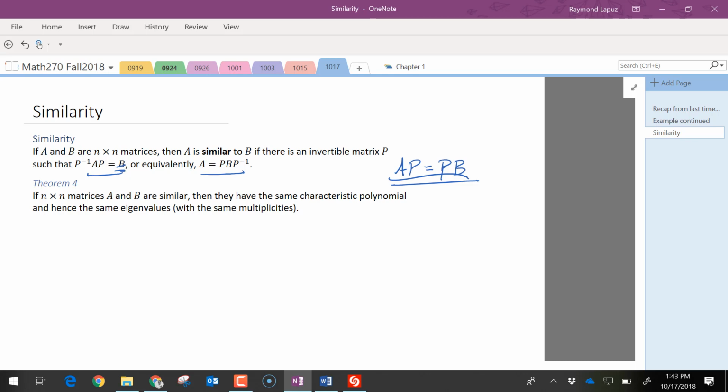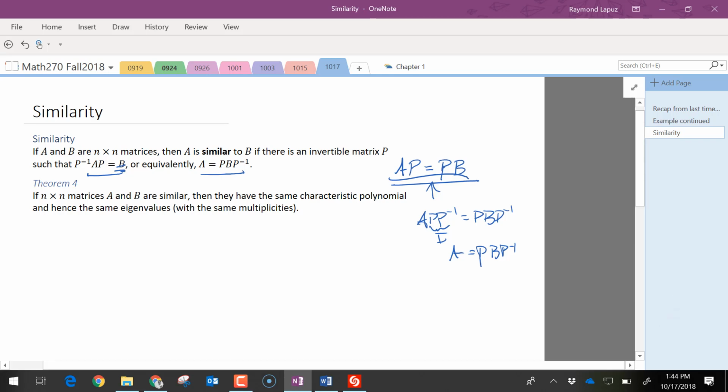And so if I take this equation over here and say I'm going to multiply by P inverse on the right side of both equations, I would have AP P inverse is equal to PB P inverse, and then this is equal to the identity, which is just going to say A is equal to PB P inverse. And it doesn't matter which way the inverse goes.